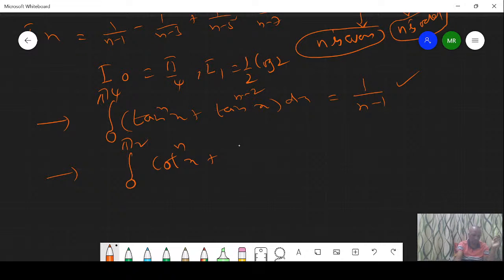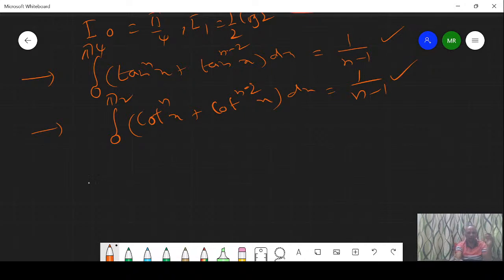When they give this also, the answer is 1 by n minus 1. 0 to pi by 2 means in terms of cot: cot power n x plus cot power n minus 2 x dx, 1 by n minus 1. You can remember. These are the types of problems they frequently ask.